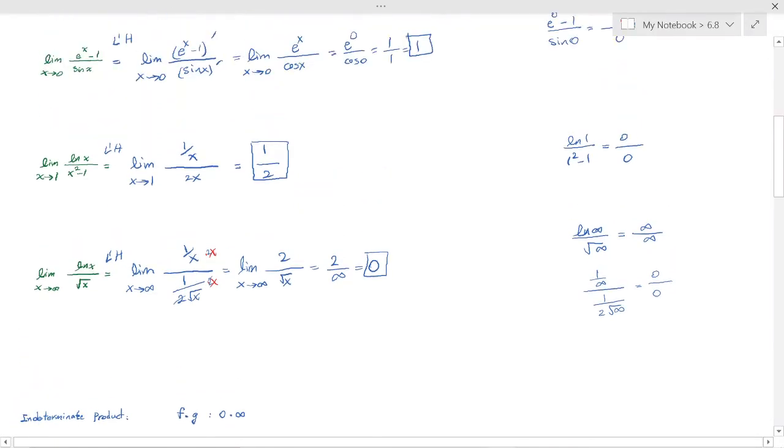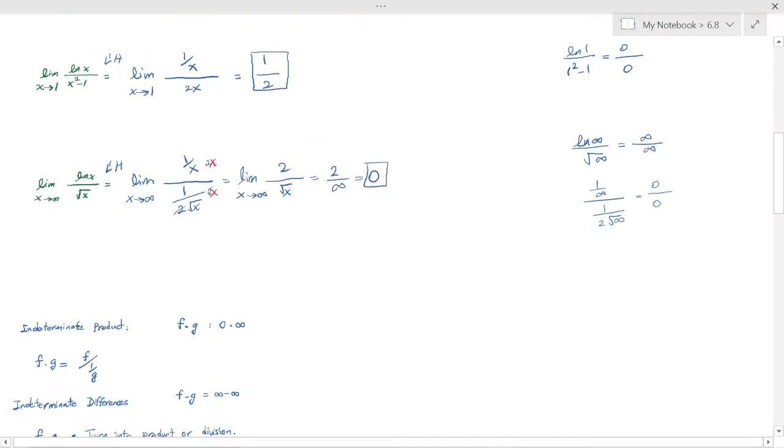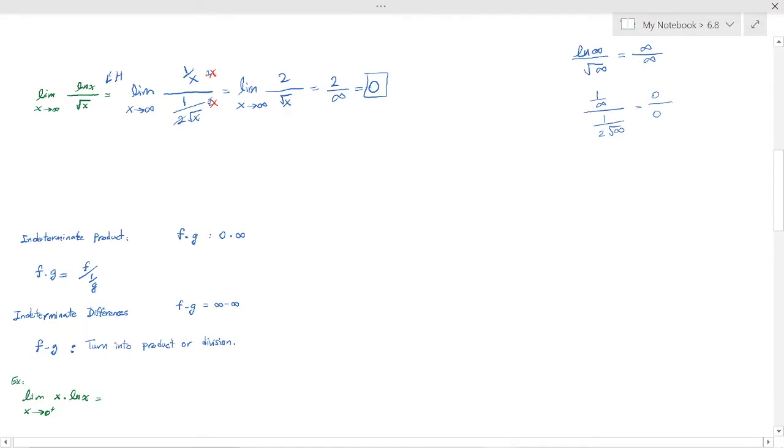Okay, these are the simple cases of indeterminate forms. There are other types of indeterminate forms. One is the product. It means if you're calculating the limit of f times g as x approaches some constant a, and by replacing a, you'll end up with maybe the function f goes to 0, g goes to infinity, or vice versa, g goes to 0 and f goes to infinity.